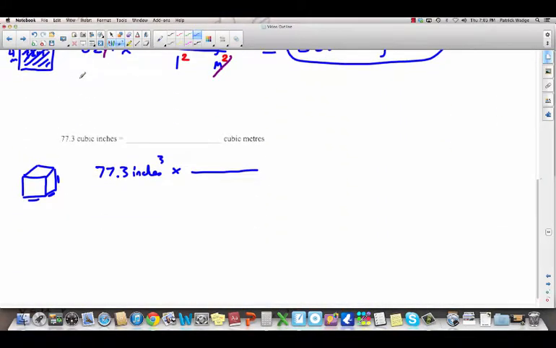So I'm going to start by going 1 inch is 2.54 centimeters. And then once I have that, whoa, where's that line going? I'll change the centimeters into the meters. And we know that 1 meter is 100 centimeters.